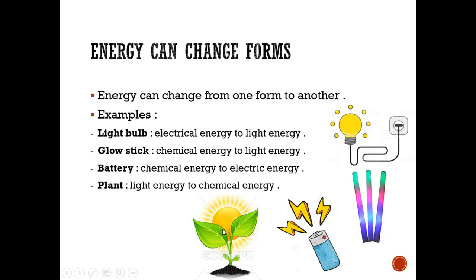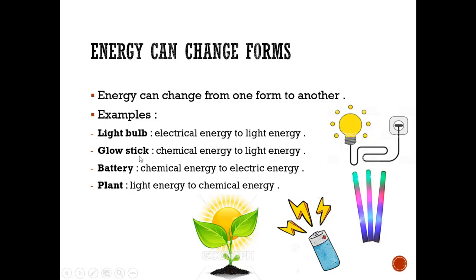Now, let's discuss how energy can change its forms. Energy can change from one form to another. How can it change? For example, the light bulb. The light bulb uses electric energy to produce light energy.